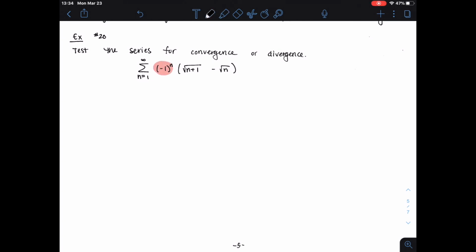So probably alternating series. So let's look at what our Bn is that we need to show is decreasing and goes to 0. So what we do is we take the absolute value to get rid of this alternating part.